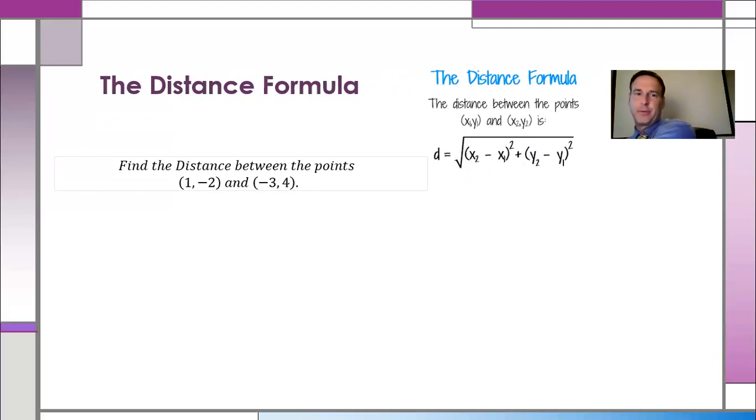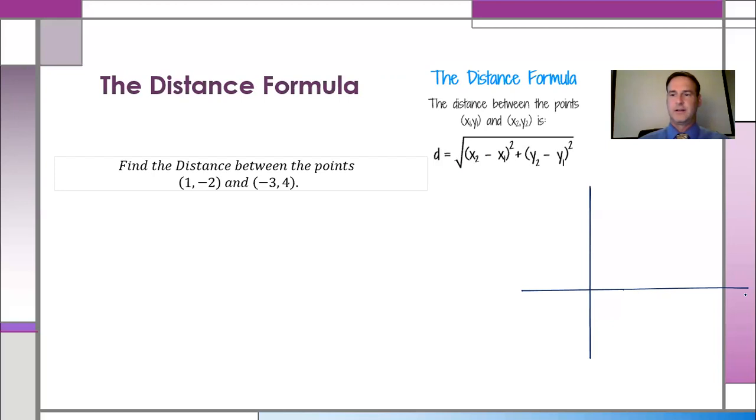So here's what I got. I got 2 coordinates. I'm going to mark off (1, -2) and (-3, 4). Then I'm going to count down first.